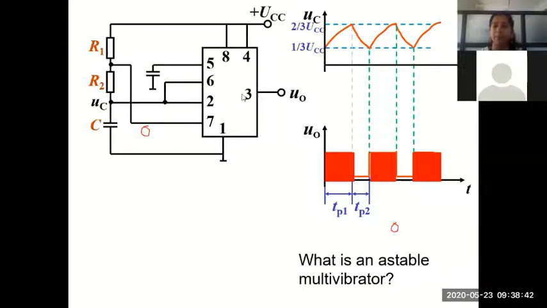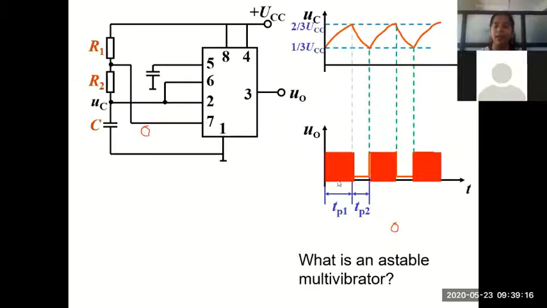Please remember, since we don't use an external trigger, an astable multivibrator is a circuit where the output has no stable states. Both the states are quasi or semi-stable states and it automatically shifts from one state to another because of the circuitry which we connect, and we don't use any input trigger. I told you that's why it's a square or rectangular wave oscillator also. It generates a square or rectangular wave.